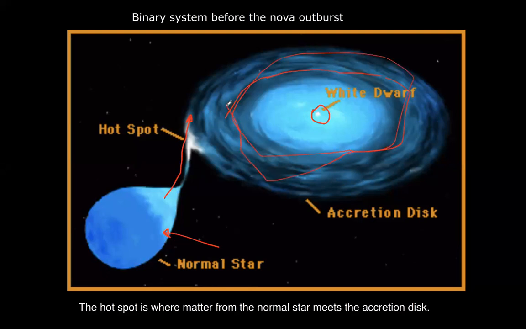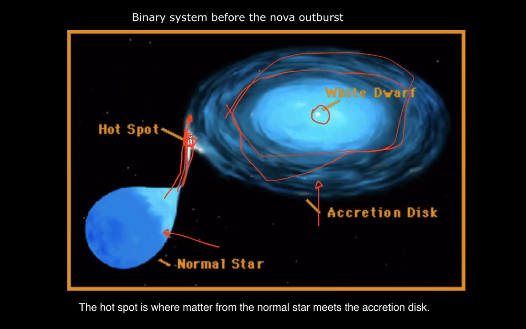And once you have enough material, and by the way, this particular outer region we call an accretion disk, right? And at the same time, this particular place where you start to get material accreted is called the hotspot, right?